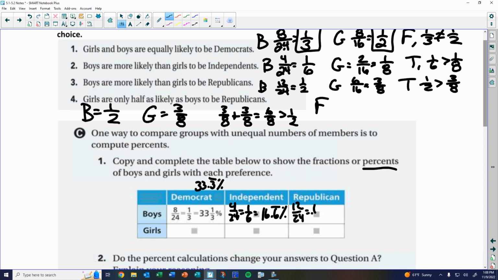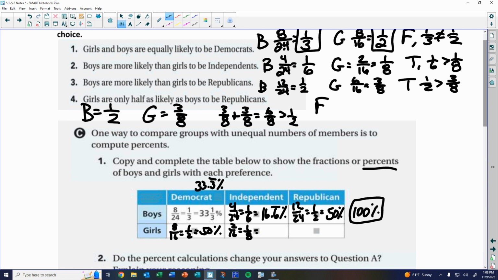What's a half as a percentage? 50%. So the whole column we added up gives us 100, right? And then for the girls, 8 out of 16 were Democrats, which we converted to a half, which is 50%. The girls' independents was 2 out of 16, which reduced to an eighth.